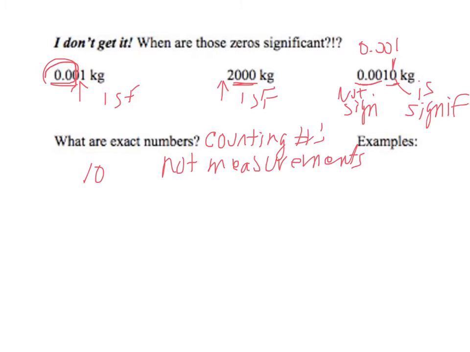They are not measurements, and they have what's considered to be an infinite number of sig figs. So they do not constrain the calculation that we do with them, okay? So 10 has an infinite number of sig figs, okay?